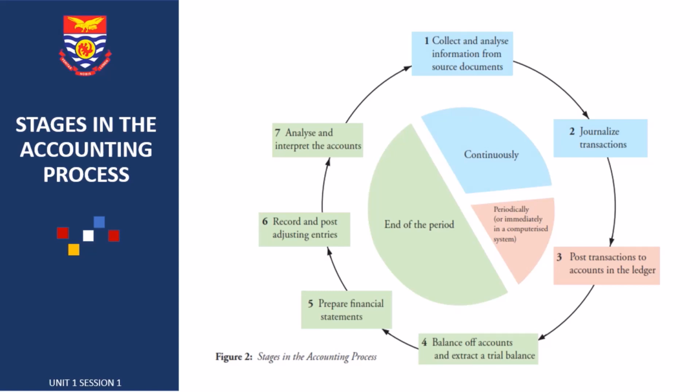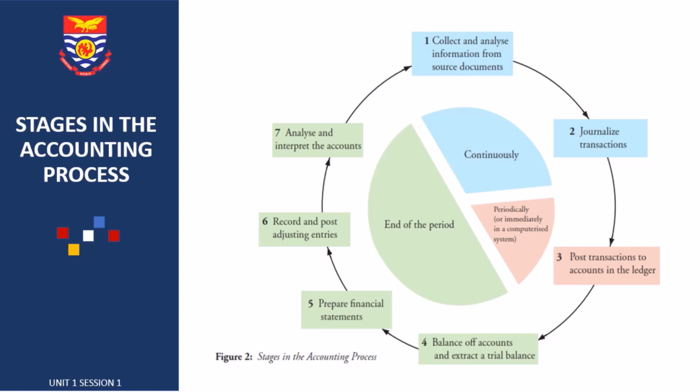So the trial balance will indicate accounts with debit balances and accounts with credit balances. It is expected that at the end of the period, maybe at the end of the month or the end of the year, the debit balances on the trial balance should be equal to the credit balances. In that sense, the trial balance should balance.